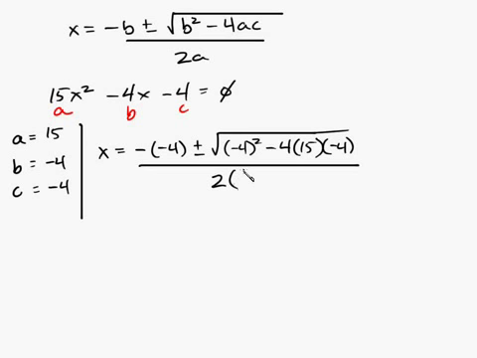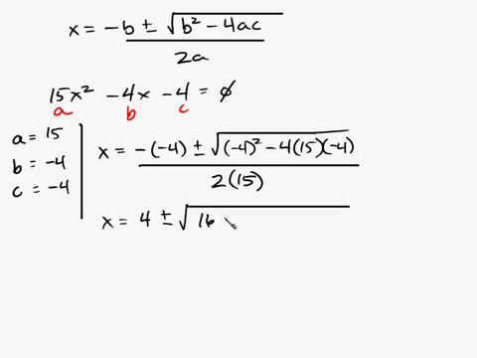So 2 times a, and a is 15. Okay, and let's just keep on simplifying. So you get x equal a positive 4. Okay, negative times negative is positive. Plus or minus, in this case here, we're going to get positive 16. And this is going to be minus times a minus is plus.